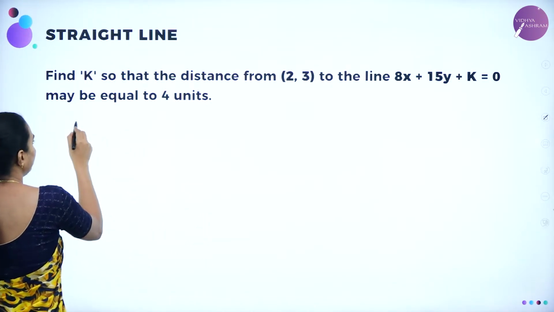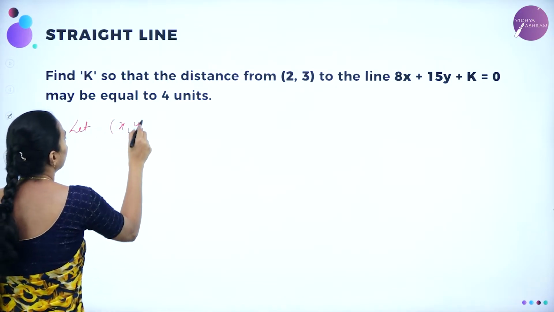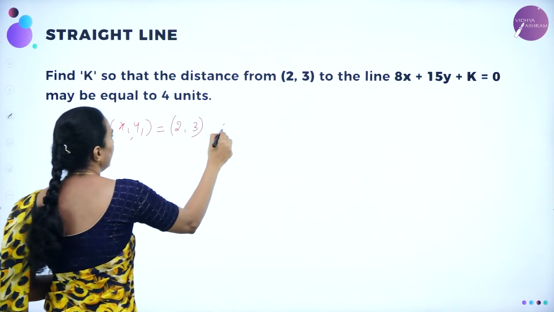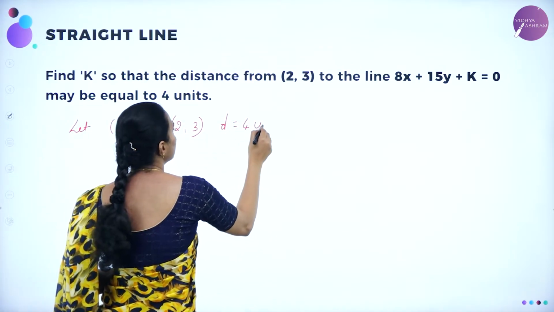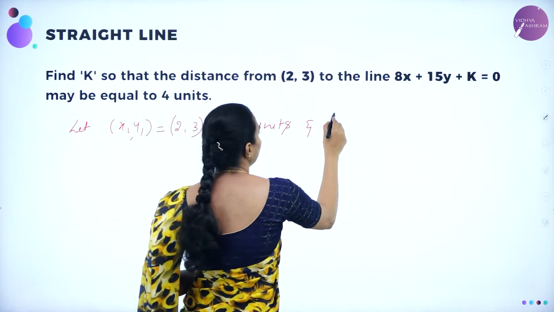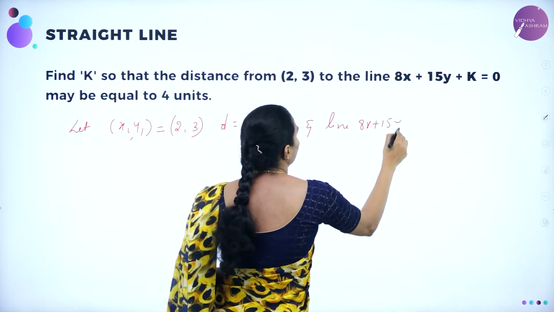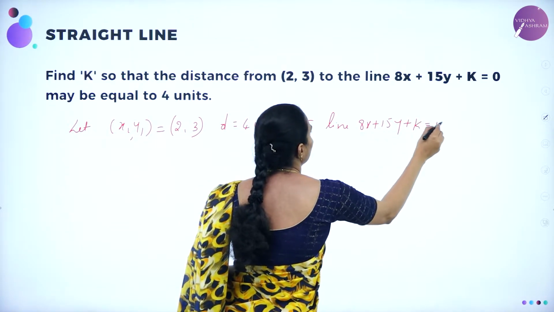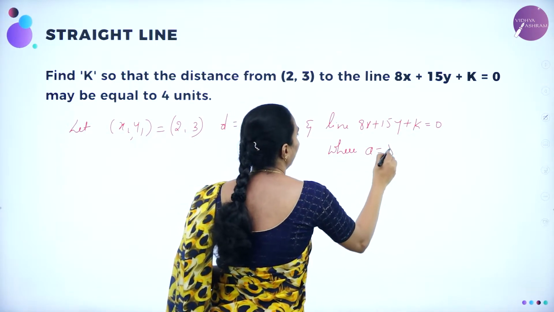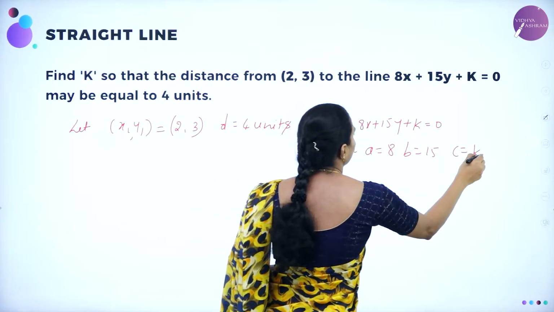So let the point x1, y1 be 2, 3, and given D is equal to 4 units, and the line 8x plus 15y plus k is equal to 0, where a is equal to 8, b is equal to 15, c is equal to k.